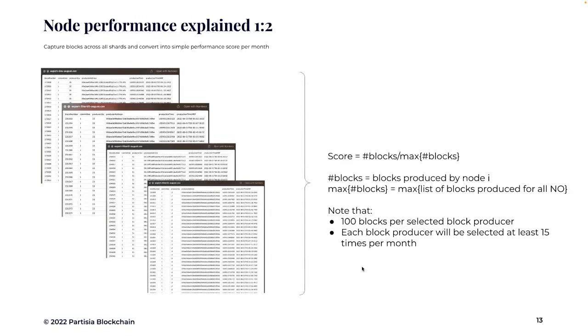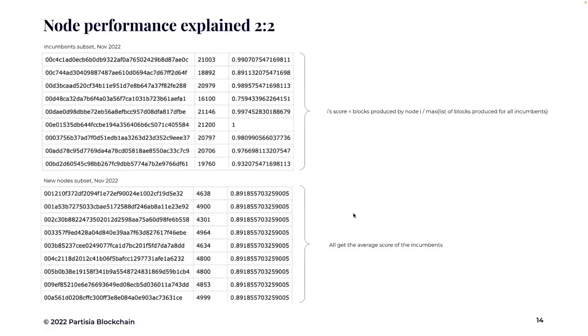All right, so there is reasoning behind this. We have new node operators coming in, so they might come in at any time during a given month. In order to treat new node operators fairly, we separate the incumbents, the existing node operators, and the new node operators. The existing node operators are measured as we just talked about on the previous slide.